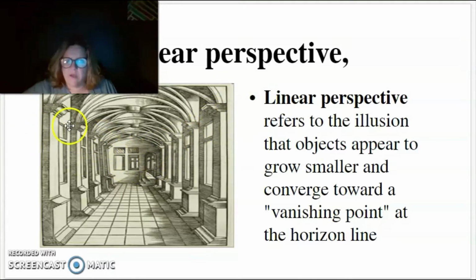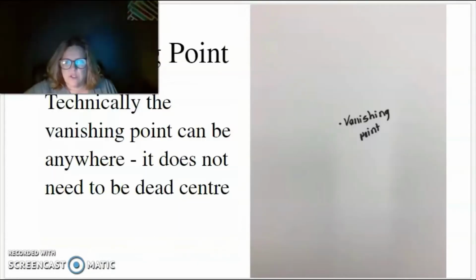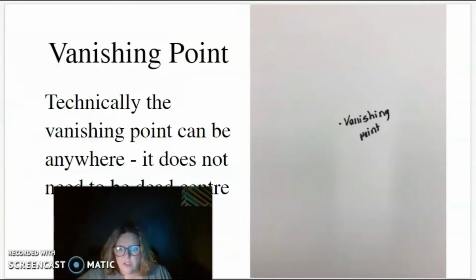If we were able to use a ruler with this, we could follow these lines here, even the lines of all the tiles on the floor, and we could see how they all converge to a center point called the vanishing point, which is what we're going to do right now.